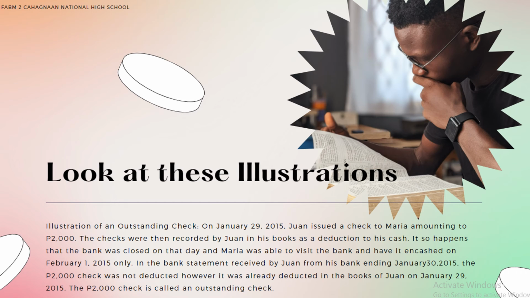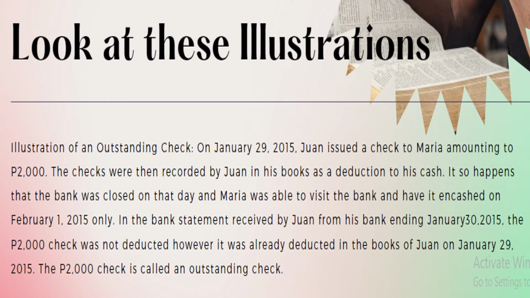In the bank statement received by Juan from his bank ending January 30, 2015, the 2,000 check was not deducted. However, it was already deducted in the books of Juan on January 29, 2015. The 2,000 check is called an outstanding check. Is that clear? Good. Okay, so this is it, the illustration.